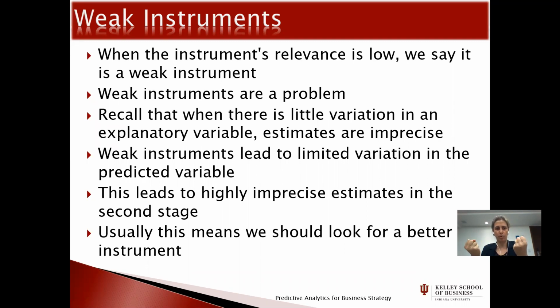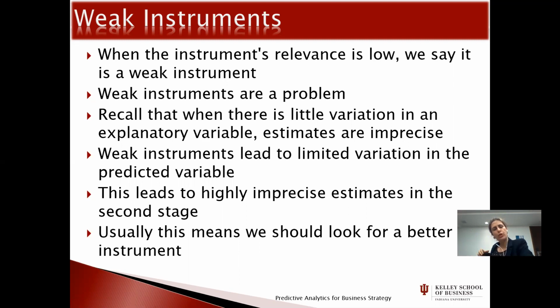If you have that problem, that is not going to cause you any bias, so you're still going to have unbiased estimates. But the problem with having weak instruments is that you're going to be facing a lot more imprecision. The reason is that when fuel cost is changing, price is changing only very little in response to that.